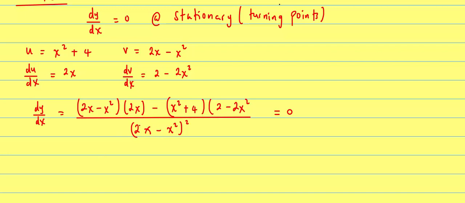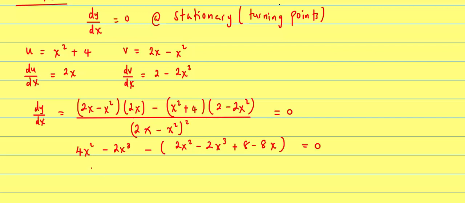Firstly, I'm going to multiply throughout by this denominator here, and then expand the brackets, so 2x multiplied by 2x is going to be equal to 4x squared minus 2x cubed minus, and then this one here is going to give us 2x squared minus 2x cubed plus 8 minus 8x, and that is going to be equal to 0 because we've multiplied both sides by the denominator, and that's going to cancel out.